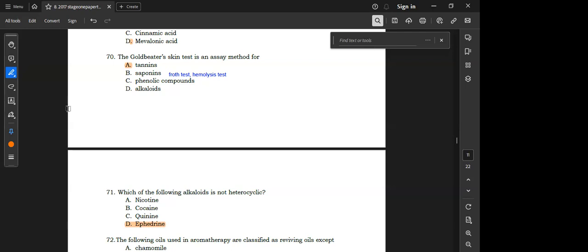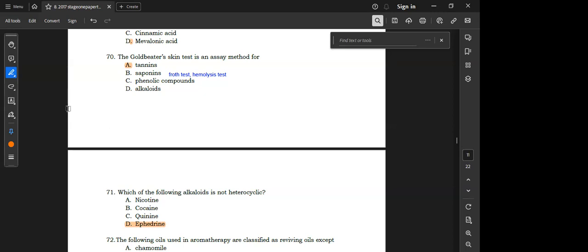Based on the structure, we have different types of alkaloids. We have the pyridine alkaloids, the most common one being lobelia, also known as Indian tobacco.